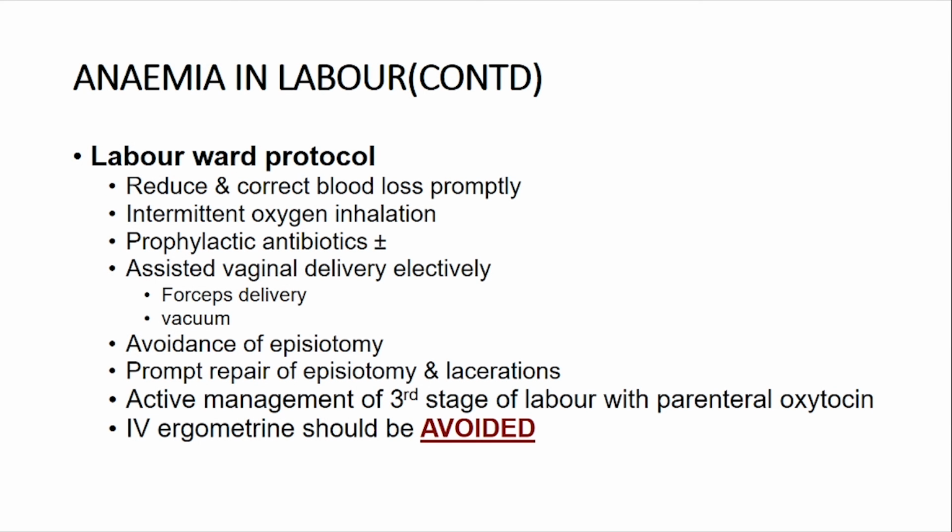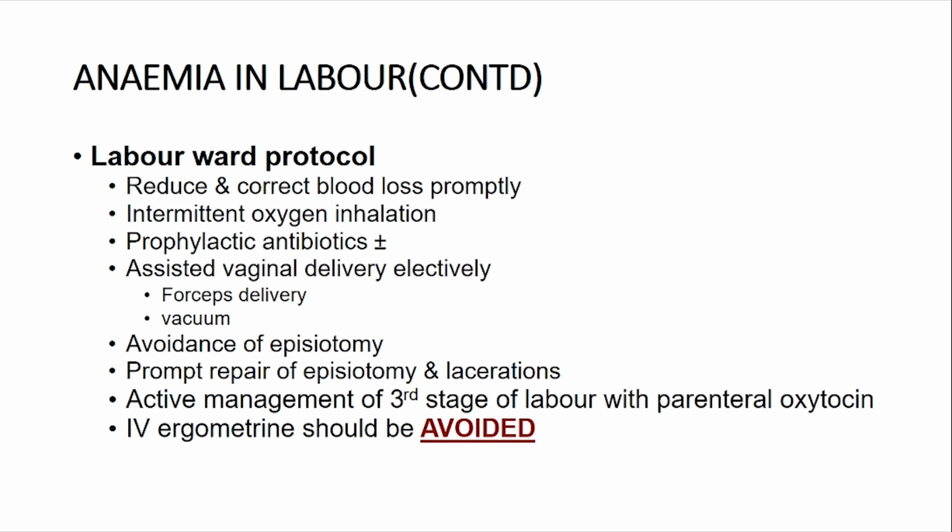For transfusing patients during labor, the ward protocol needs to be followed, and this will include reducing and correcting the anemia promptly. Intermittent oxygen should be given to the patient. Prophylactic antibiotics may also be given, and assisted vaginal delivery electively by forceps or vacuum to shorten the second stage.